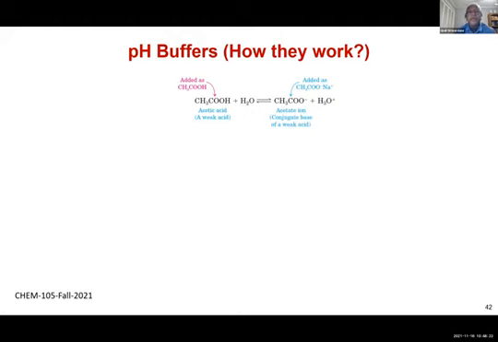If you add acid, the acetate ion absorbs the hydronium ion coming from the acid, and the equilibrium shifts to the right side. If you add a base, acetic acid will neutralize the OH from the base, producing more acetate ion. So this is back and forth. It can shift and maintain the pH.